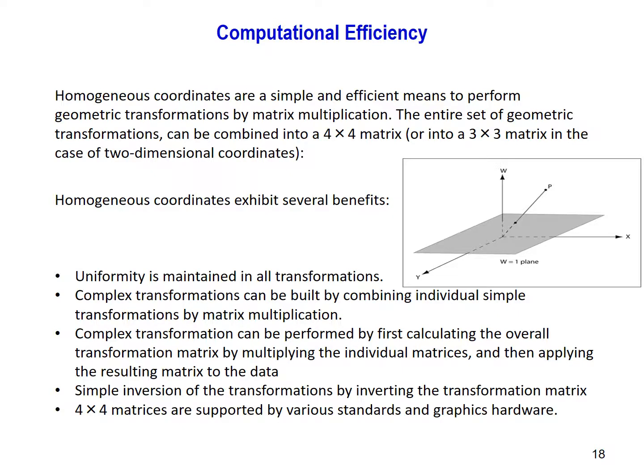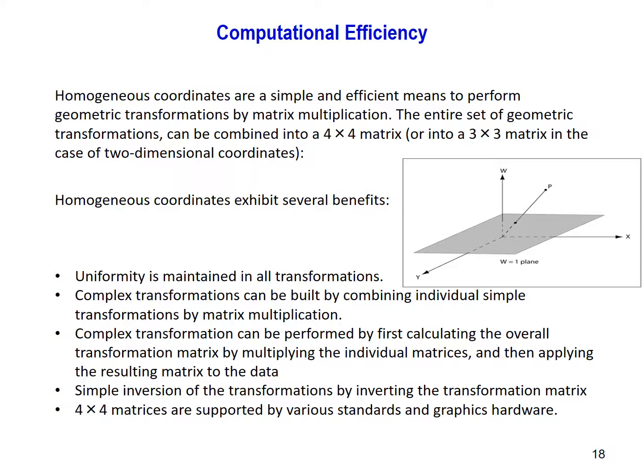Computational efficiency. Homogeneous coordinates are a simple and efficient means to perform geometric transformations by matrix multiplication. The entire set of geometric transformations can be combined into a 4x4 matrix, or into a 3x3 matrix in the case of 2D coordinates. Homogeneous coordinates exhibit several benefits. Uniformity is maintained in all transformations.